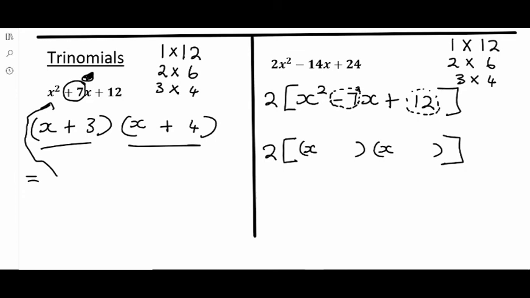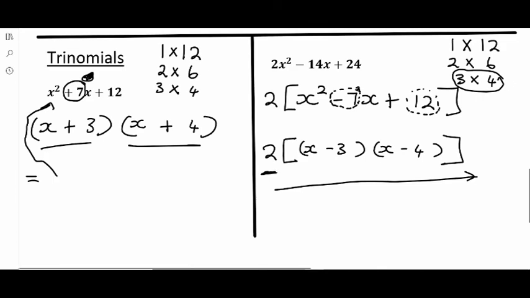Because again, you can't make 7 with 2 and 6, and you can't make a 7 with 1 and 12. It has to be the 3 and the 4. It needs to be a minus 3 minus 4. And that would be your final answer. Again, please do not forget this 2. This 2 is actually part of this expression.